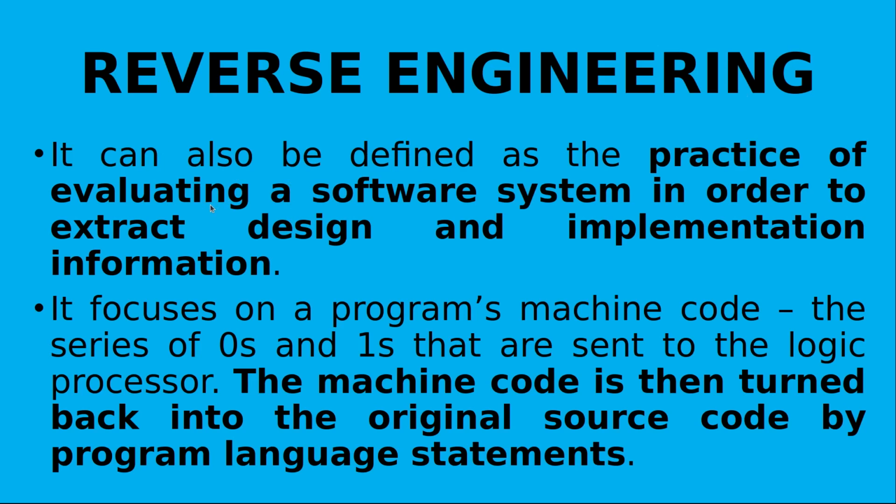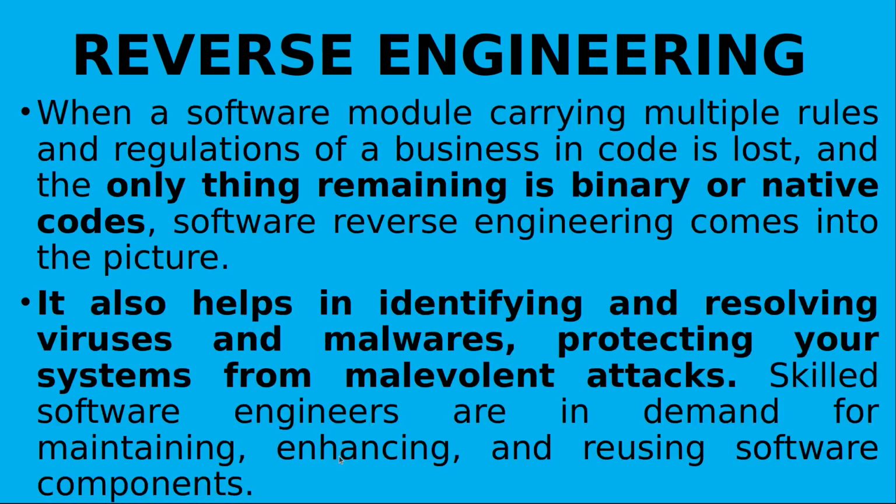Evaluating means we evaluate the software system in order to extract the design and implementation from the information. First we take the machine code, which is represented in the form of binary numbers, then it is converted into the original source code, that means the program language statements. So this is called reverse engineering.